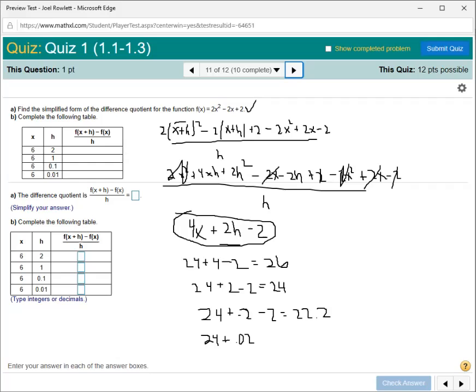I misread this. This should actually be a decimal, so not a subtraction sign, so we'll fix that. And then I believe we'll still subtract off the 2. So that is going to be 24 minus 2. That would be 22. So 22 plus 2 hundredths would be 22.02.